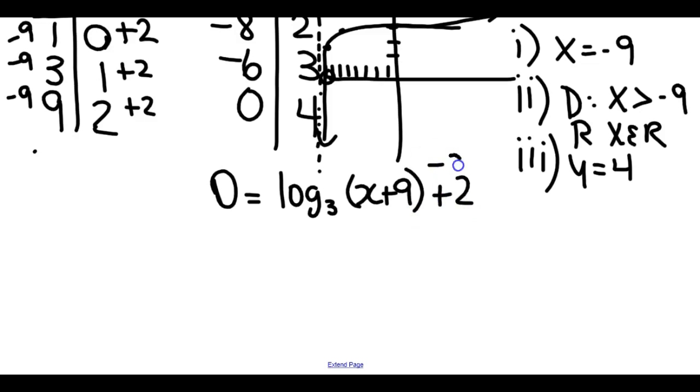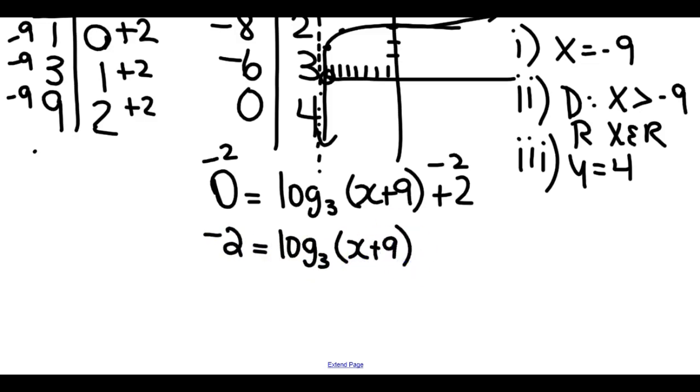So let's minus this 2 over, so that we actually have minus 2 equals log base 3 of x plus 9. And now we remember from yesterday in 8.1 we said this was the base, the answer, and the exponent, right? So base 3, our answer is x plus 9, and our exponent is minus 2.